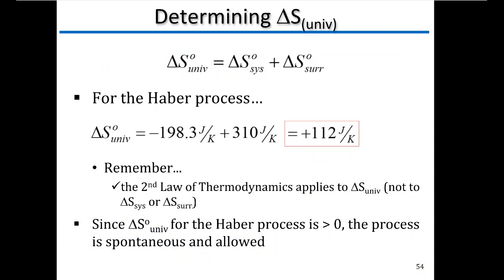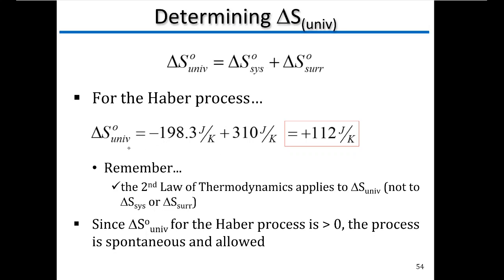Okay, so if we just put this together, delta S of the universe is equal to delta S of our system plus delta S of our surroundings. You can put these the other way around, just make sure you change your sign. Best to write them this way though, so just say system and surroundings, that way you know what sign to put in the middle there, don't confuse yourself.